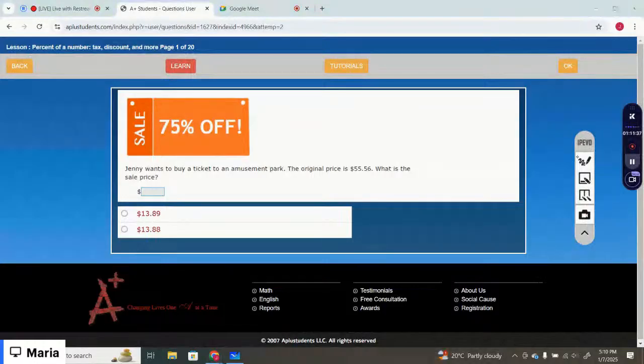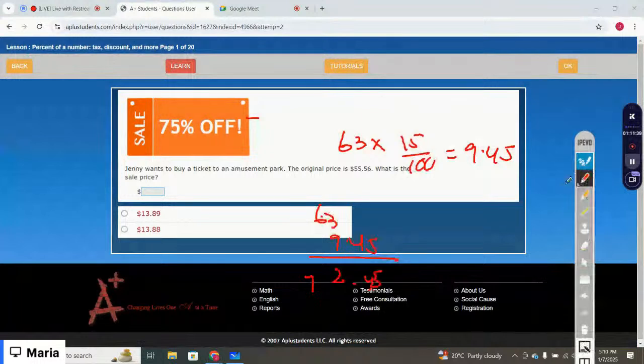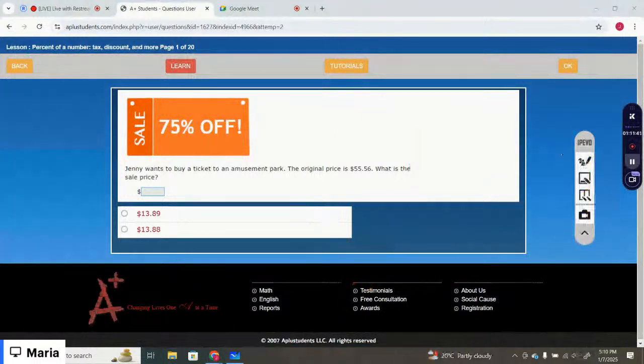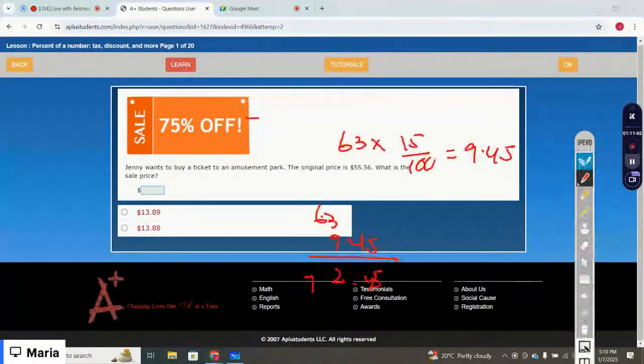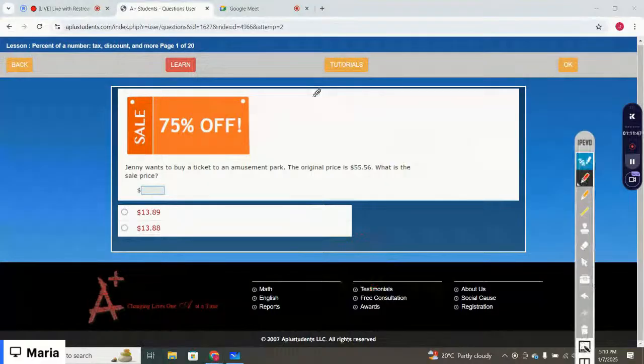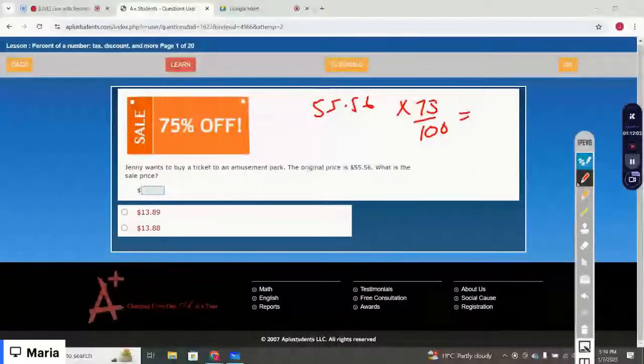So let's just calculate 75% off 55.56. That is 55.56 times 75 divided by 100.